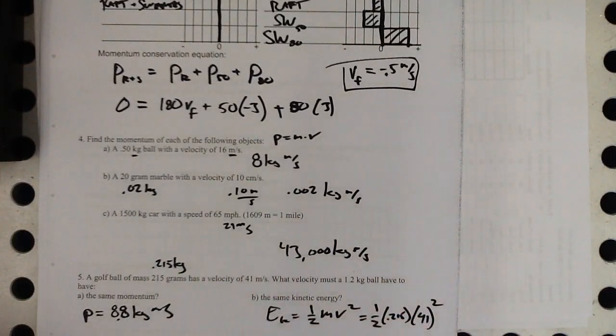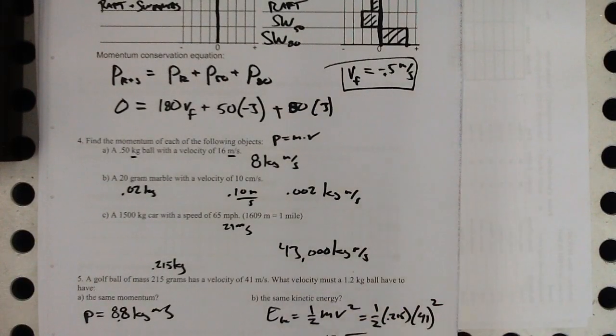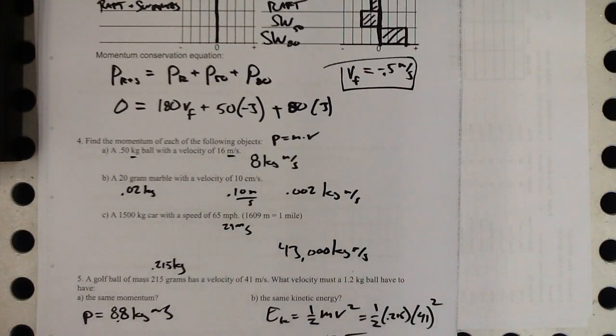Okay, so that EK is 1/2 times mass times velocity squared, about 180 joules. And now I want to know, okay, what about this 1.2 kilogram ball? What if I had that? What velocity would it have to have to have that much kinetic energy? So 1/2 times 1.2, and then divide that over.